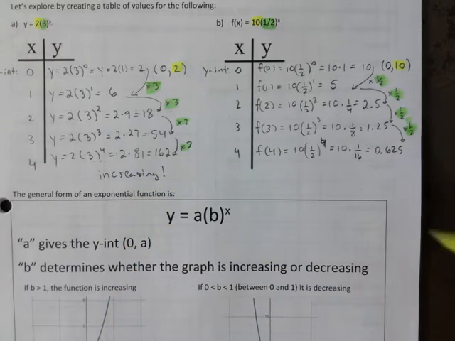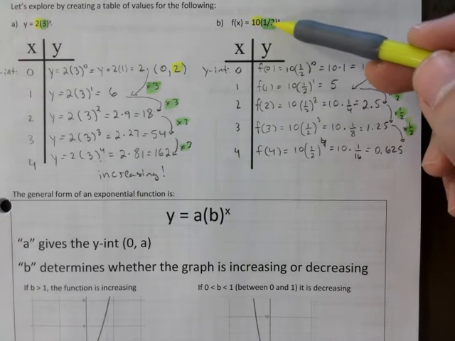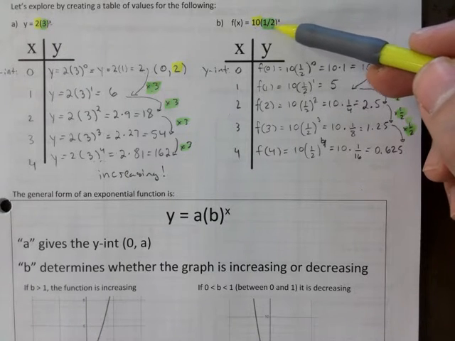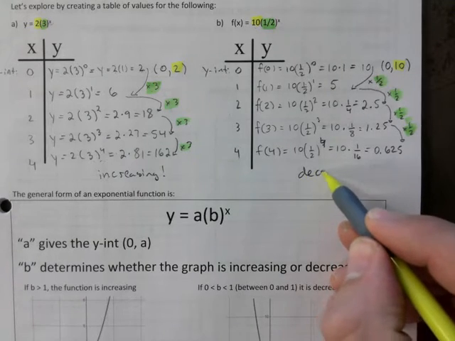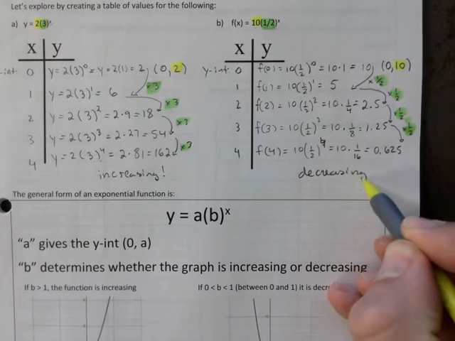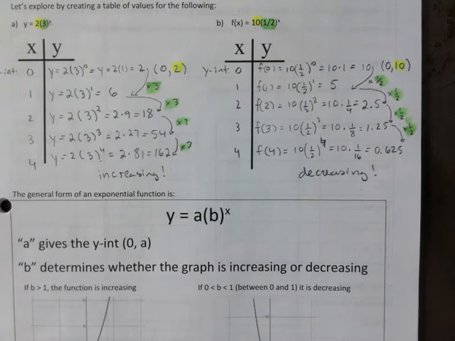What happens when what's inside the bracket is less than 1? It's decreasing. I might be giving too much away, but I kind of just want to make those connections and then move on, because the next box is going to summarize what we just did here.